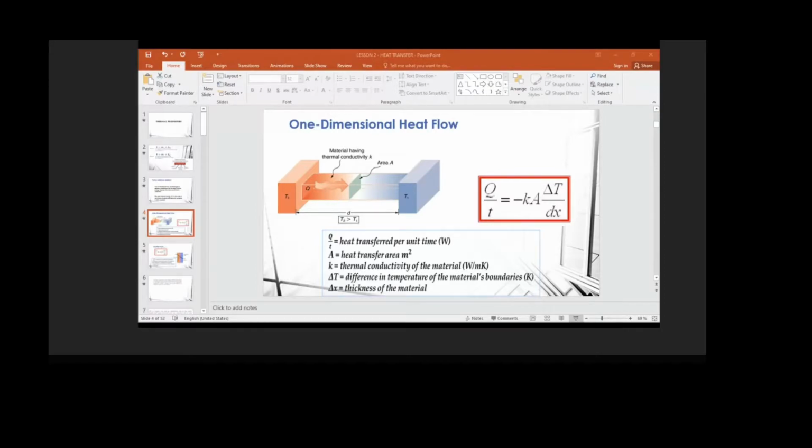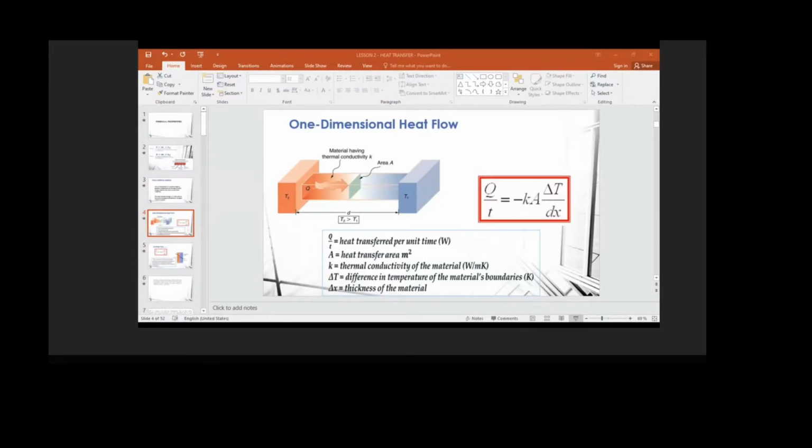The A represents the area through which heat is transferred. Basically it's the cross-sectional area of the material that the heat is being transferred through. The delta T is the difference in temperature of the material's boundaries.